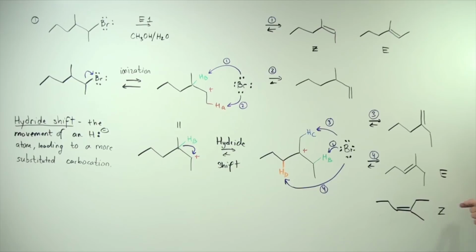So the Z isomer is the isomer where the two larger groups are on the same side. The E isomer is the isomer where the two larger groups are on opposite sides. So these guys compared to this guy will be the major product. Why? Well, because they're the more substituted Zaitsev products.